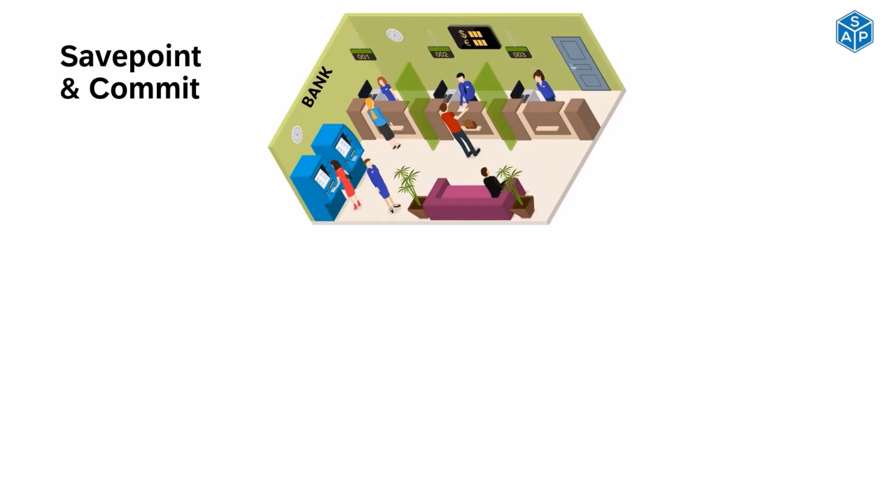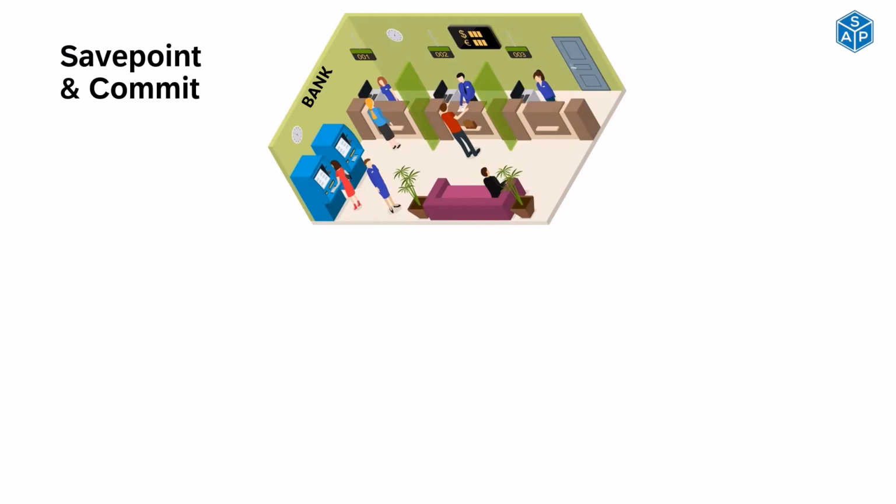As soon as the bank starts, customers start walking into the bank and they do different types of transactions. They go to the counter, they go to the ATM, they deposit money. The deposit of money is one transaction. Then some customers withdraw money. The withdrawing of money is another transaction.